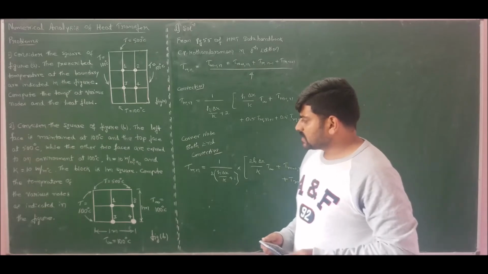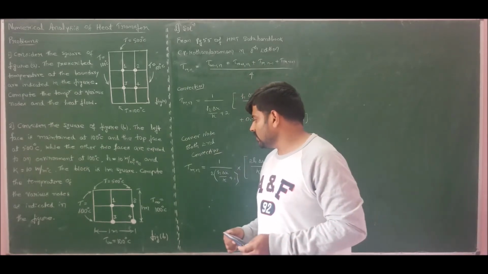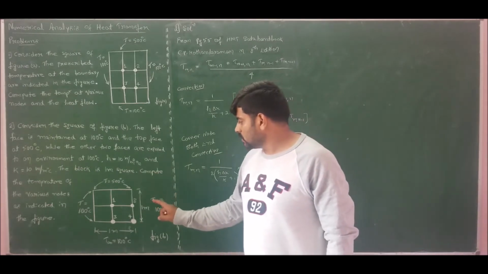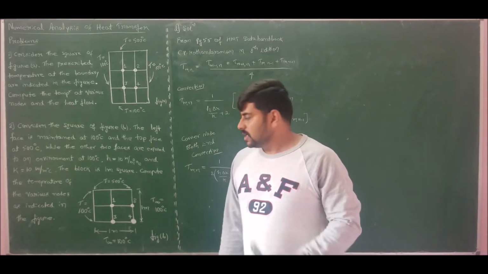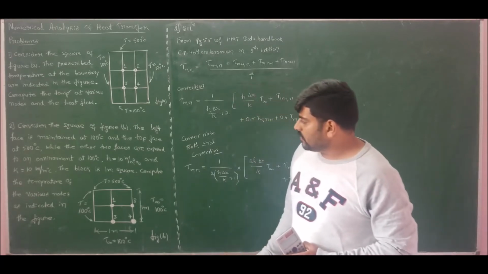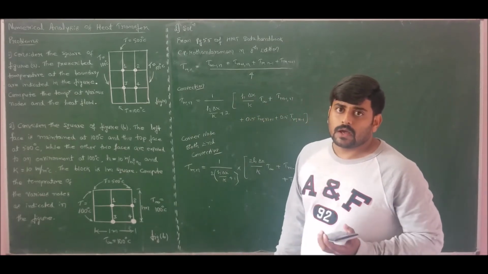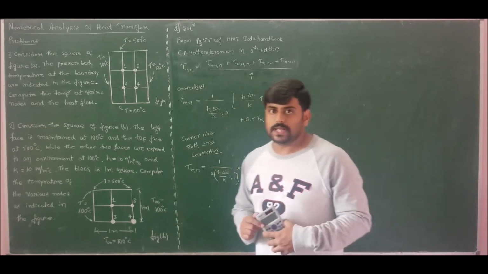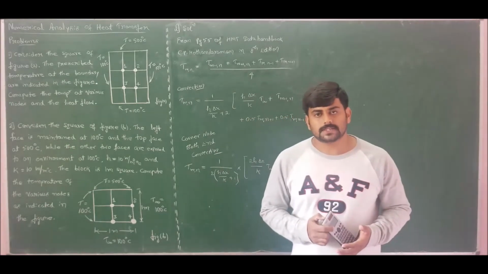So we have a 1 meter square block as shown in the figure. I want to compute the temperatures at nodal points 1, 2, 3 and 4. To solve this problem, we should use the expressions we derived in lecture 1 of module 3 for various boundary conditions.